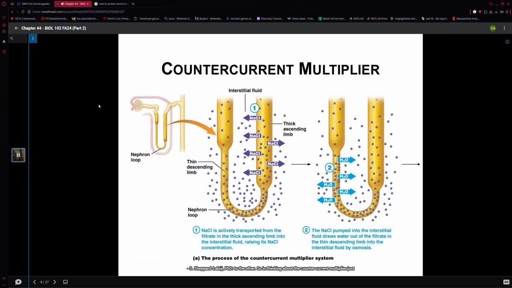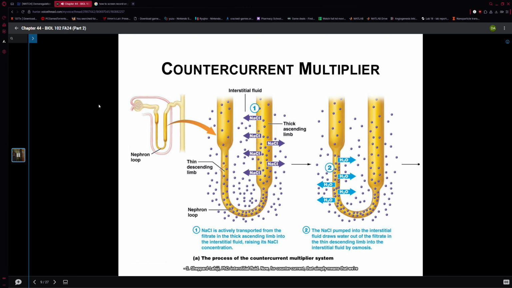So in thinking about the countercurrent multiplier, just thinking about the name in and of itself, the countercurrent multiplier system is really about the interaction of the filtrate, so the content that we find within the tubules that are specifically within the nephron loop portion. So it's the interaction between the filtrate and the interstitial fluid.